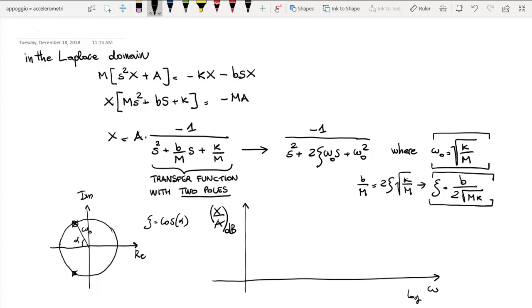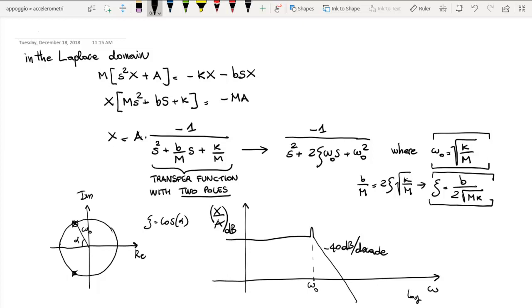And of course we have a simple low-pass function, with two poles, so when omega tends to 0, the transfer function is flat. Then at omega 0, we have a small resonant peak, which depends on xi, and then it goes down with minus 40 dB per decade because we have two poles.